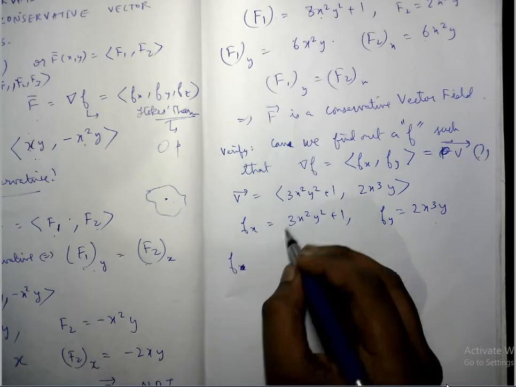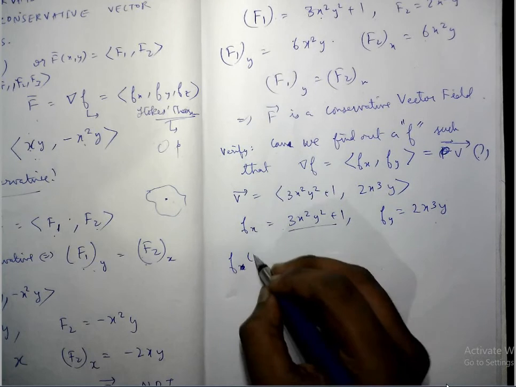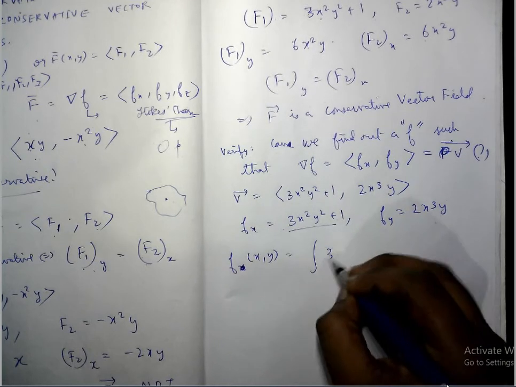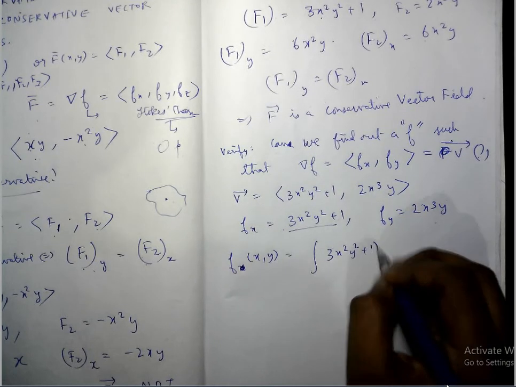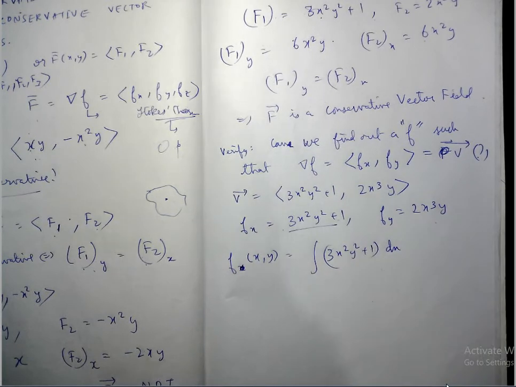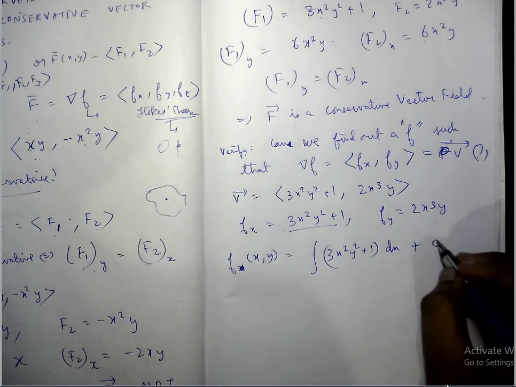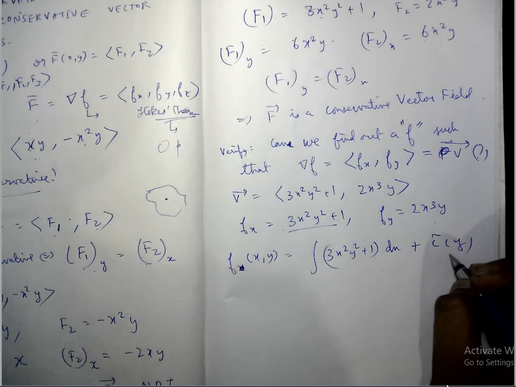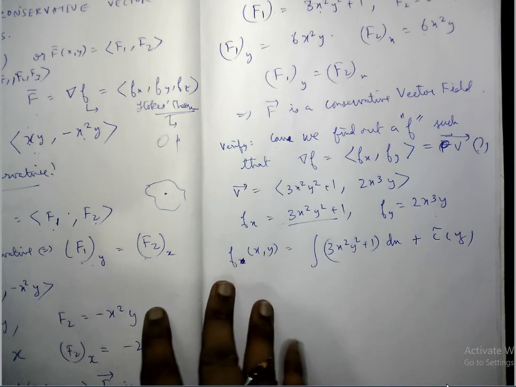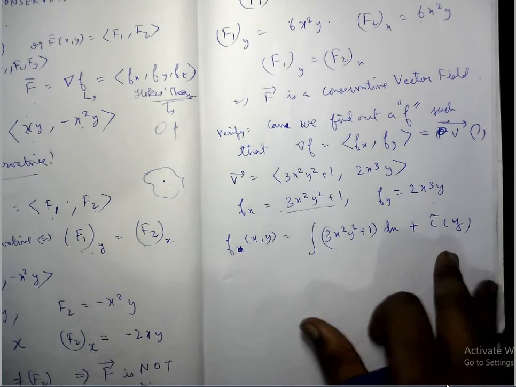since fx is equal to this, that means f(x,y) is equal to the integration of this function with respect to x plus some function of y, because when you take the partial derivative with respect to x, this will vanish.